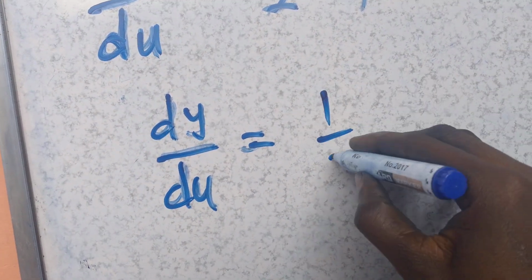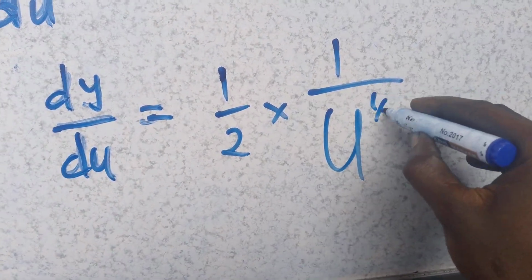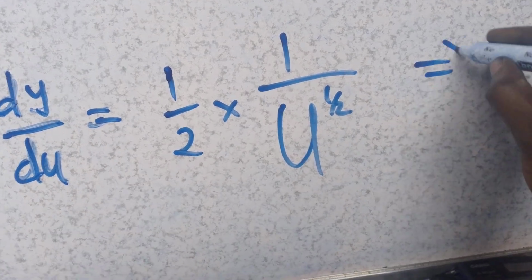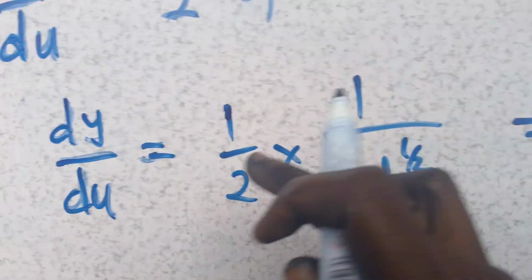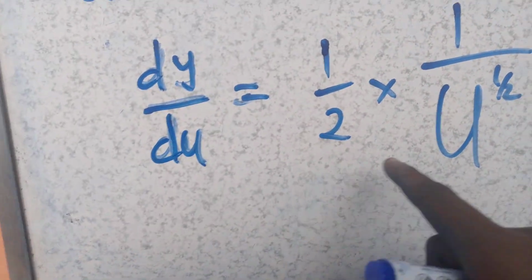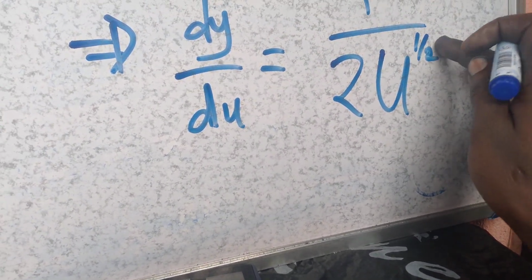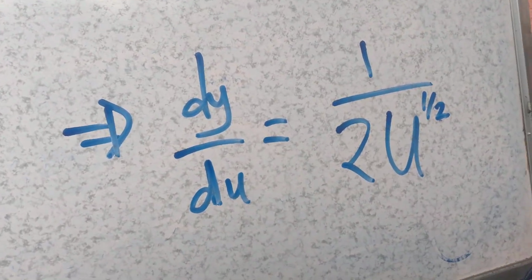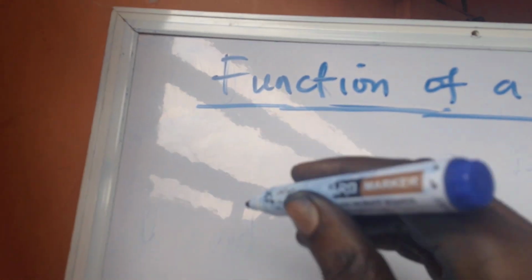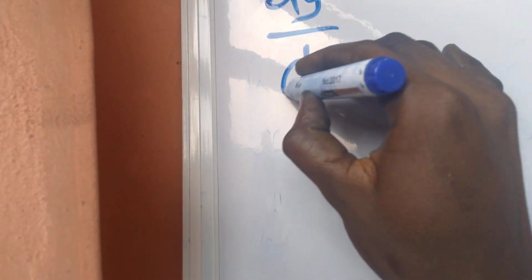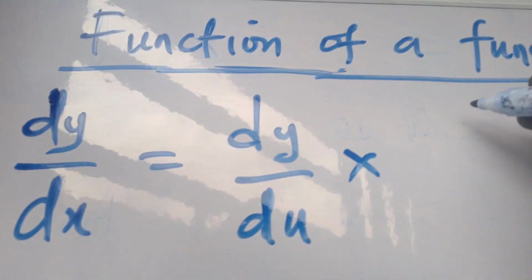So I'm having 1 over 2 times the reciprocal of u raised to the power 1 over 2. Alright, so that dy/du will be equal to 1 times 1 will give me 1, and 2 times u raised to the power half is 2 u raised to the power of half. And then this now will be using chain rule of differentiation, that is dy/dx is equal to dy/du times du/dx.